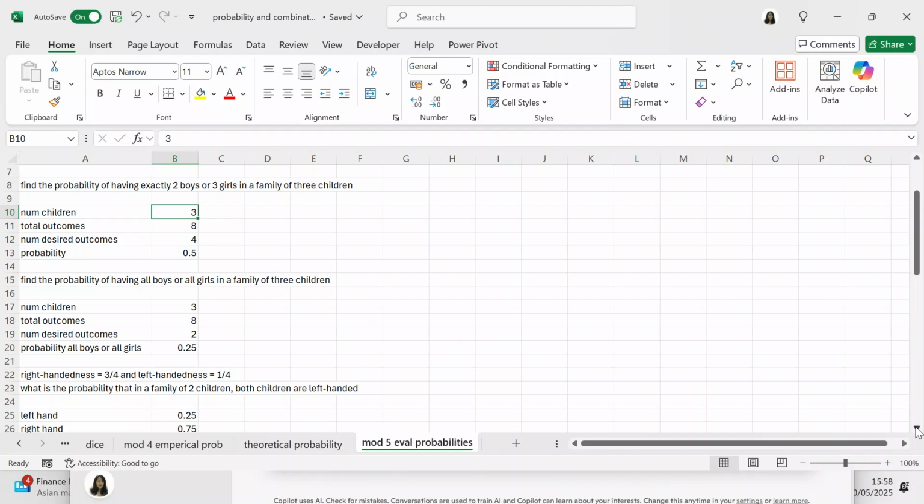So now the number of desired outcomes is 4. The number of children is 3, total outcomes is 2 to the power of 3, so that's going to be 8. The number of desired outcomes is 4. And the probability is going to be 4 divided by 8, or 50%.